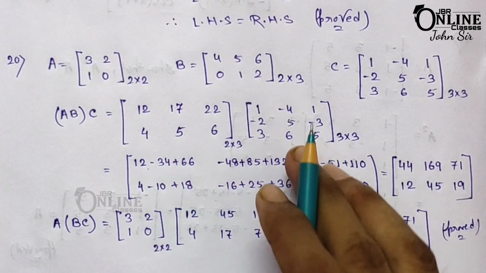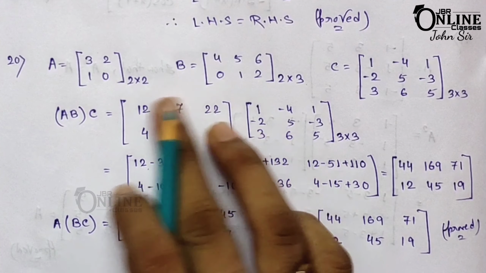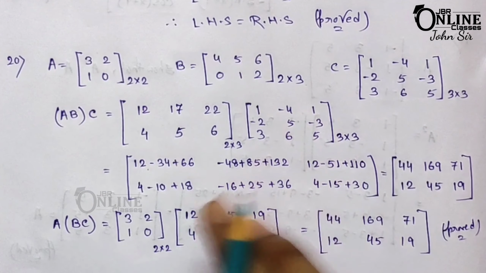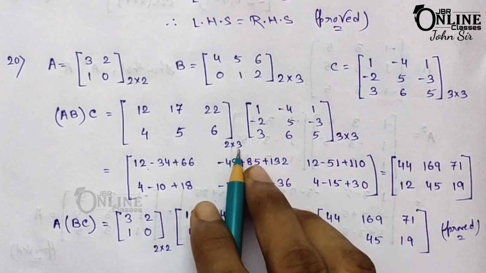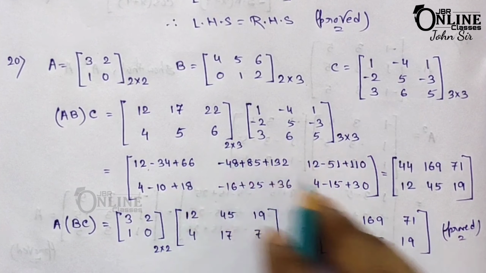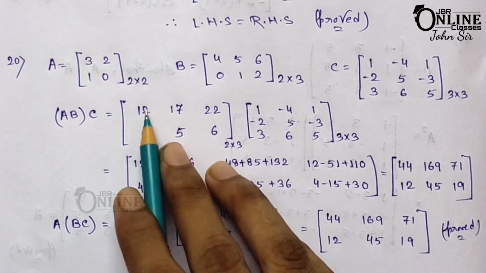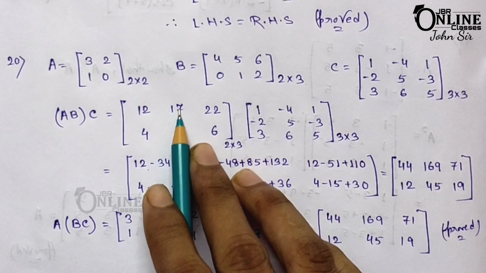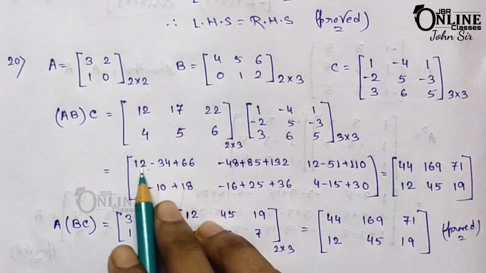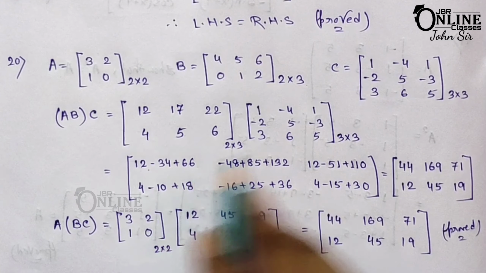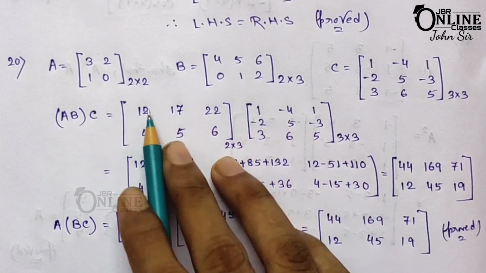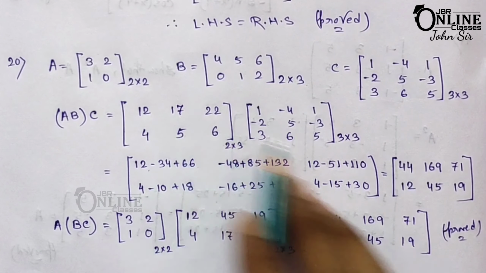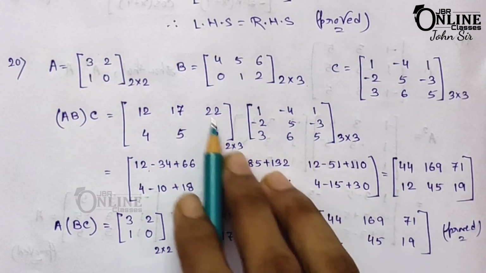Okay. So now next you have to multiply A matrix with the C matrix. As here 2 cross 3, here 3 cross 3, so it will again be 2 cross 3. So 1 into 12, minus 2 into 17 and 3 into 22, this one. Minus 4 into 12, then 5 into 17, then 6 into 22, this one. 1 into 12, minus 3 into 17 and 5 into 22.